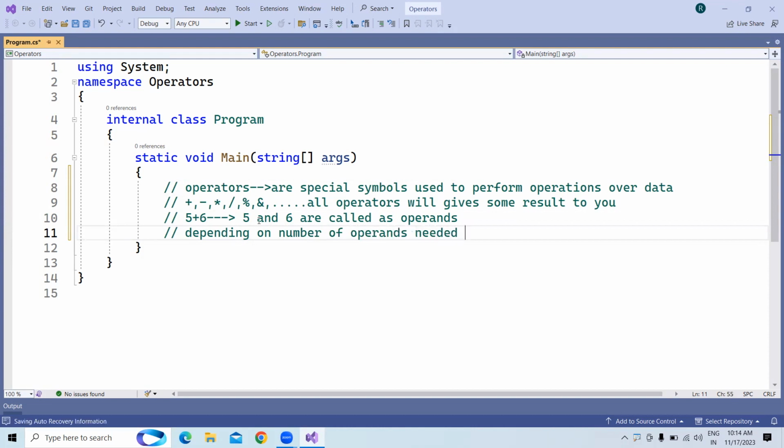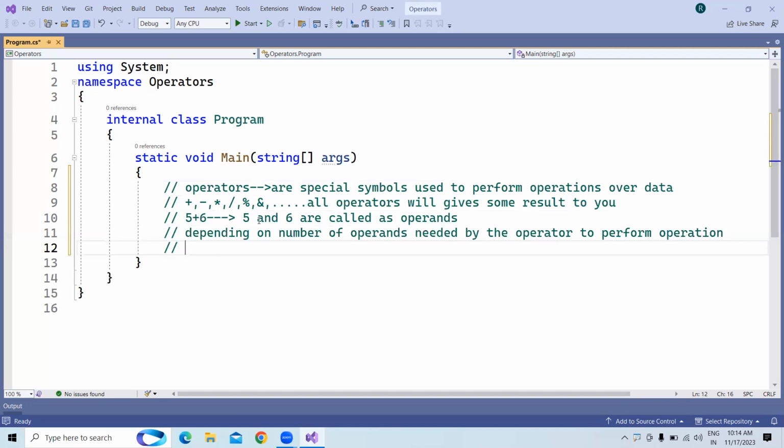Depending on the number of operands needed by the operator to perform its operation, the operators are classified.